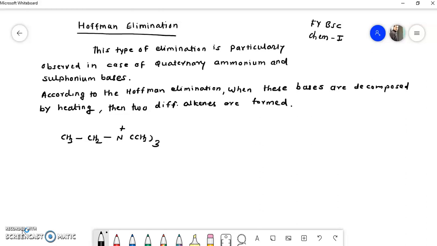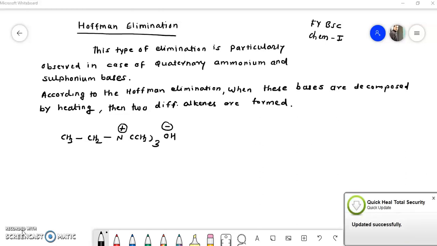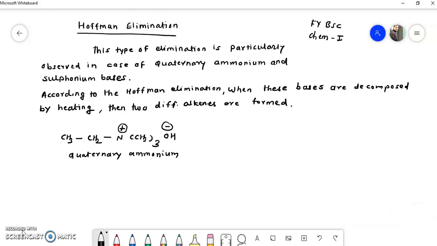So this nitrogen will carry a positive charge, and to neutralize this there will be an OH minus here. Now this is called a quaternary ammonium salt. What is it? This is a quaternary ammonium base.